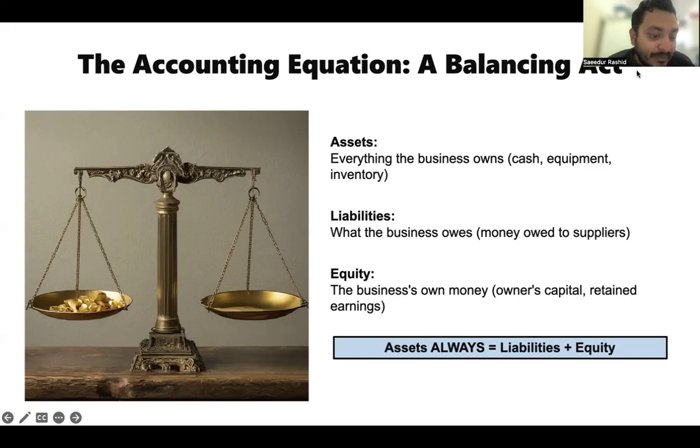So the key principle is that the total value of the business's assets, what it owns, must always equal the total amount of the liabilities, what it owes, and the equity, its own money. This fundamental equation ensures that everything balances out financially.